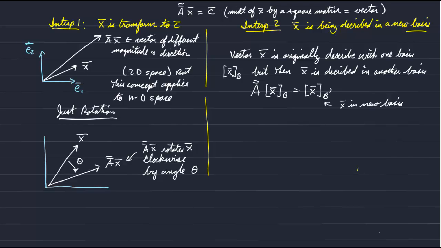Now to illustrate the second concept, let's define our first set of base vectors, E1 hat and E2 hat, they're unit vectors. And we have x defined in that system.